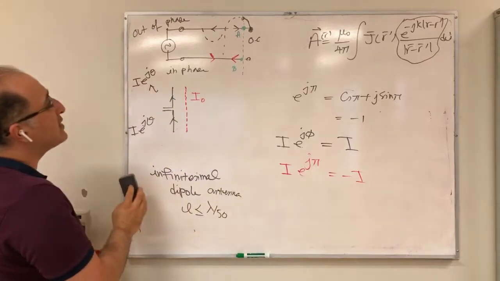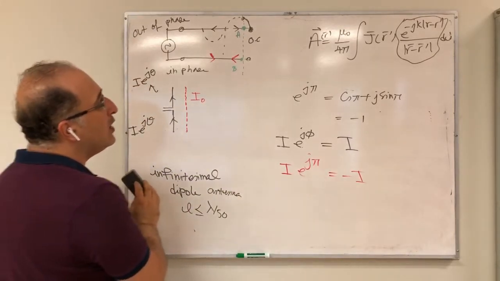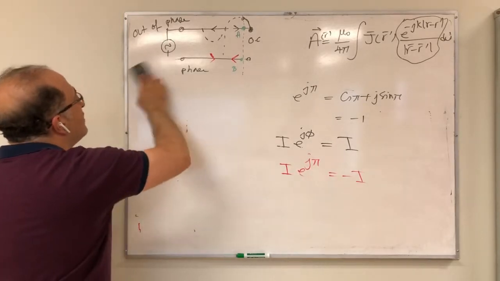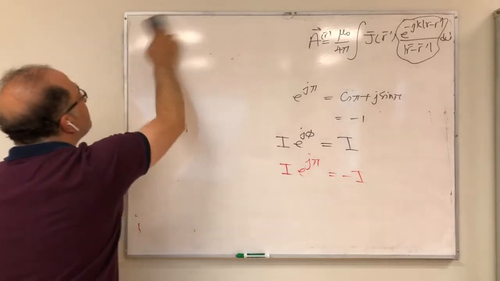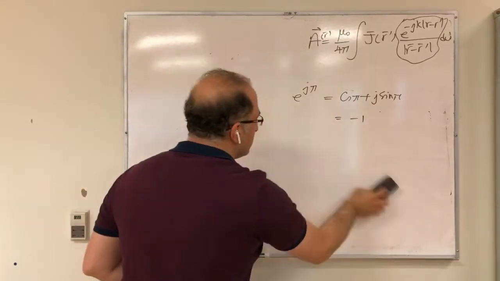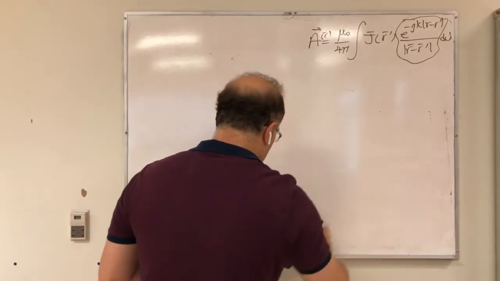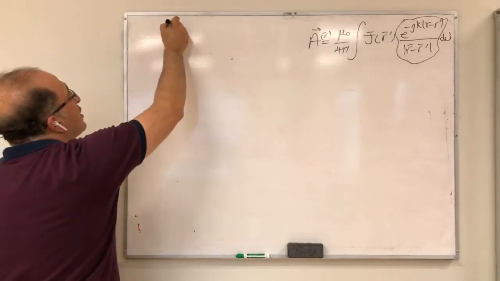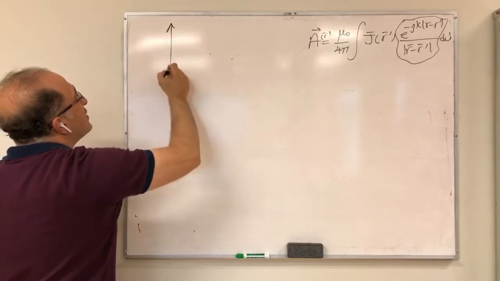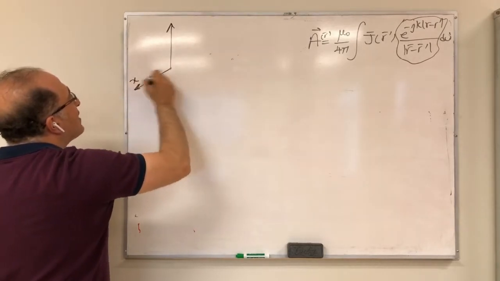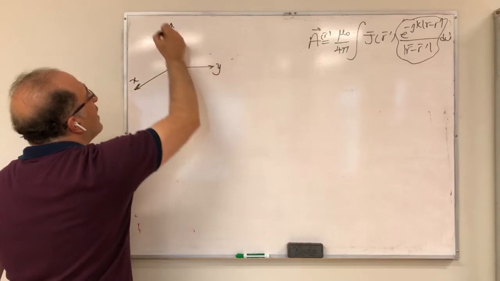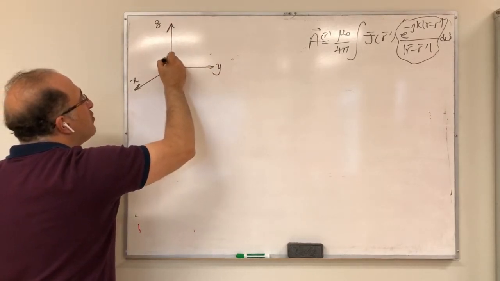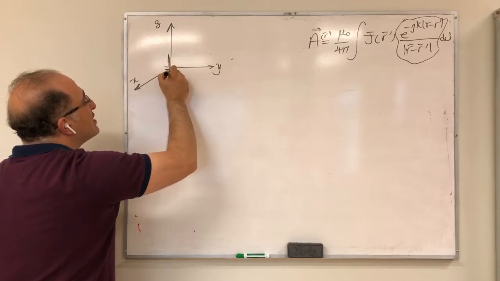Okay, so let's continue our discussion. Let me remove this stuff from the whiteboard. Okay, so let me have a coordinate system because I want to calculate this: x, y, and z. Let me assume that I have my dipole antenna along the z axis.